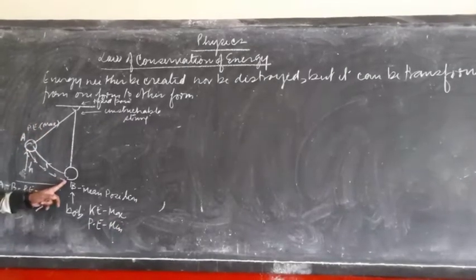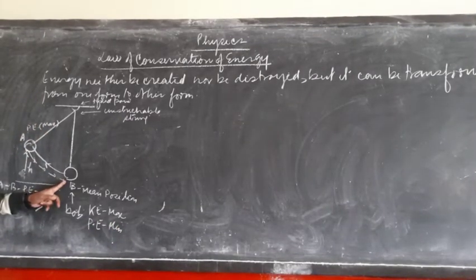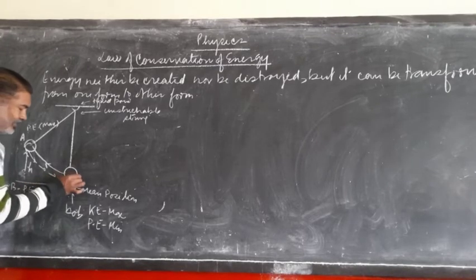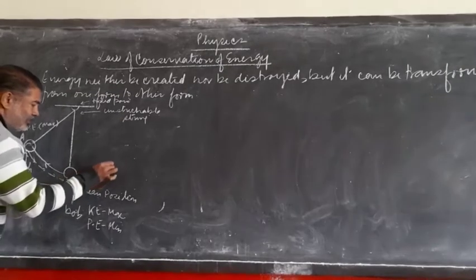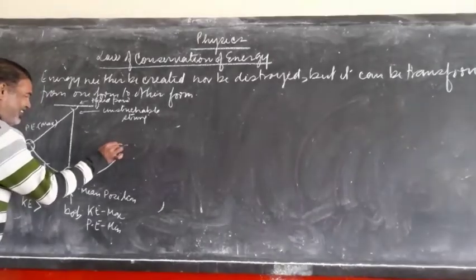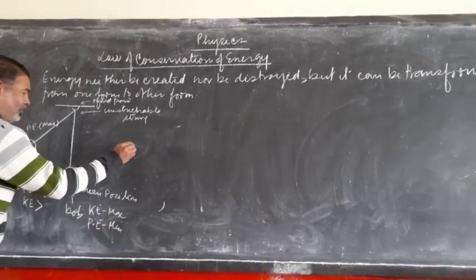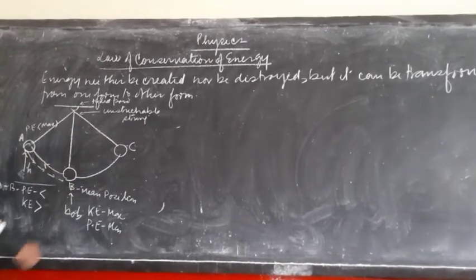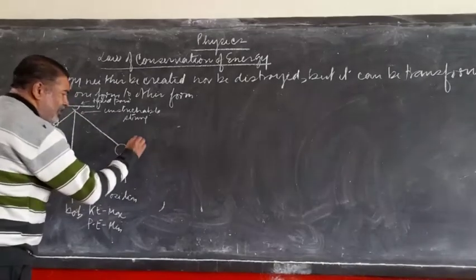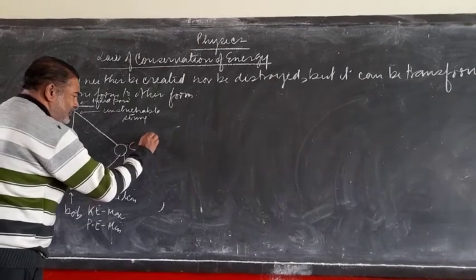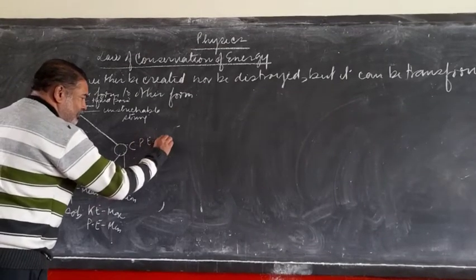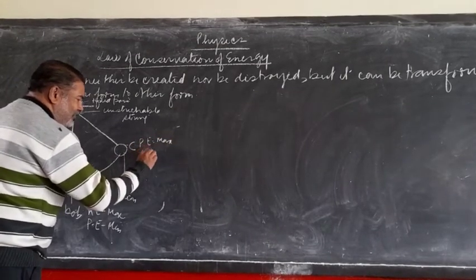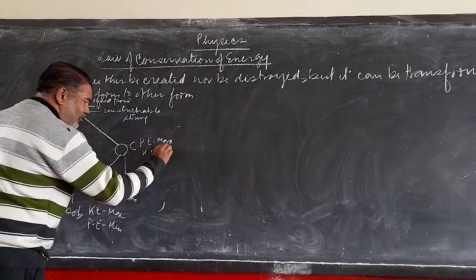Since it attained maximum kinetic energy, because of the momentum this bulb will reach the other hand up to point C. And in this condition, the potential energy will be maximum and kinetic energy will be nil or 0.